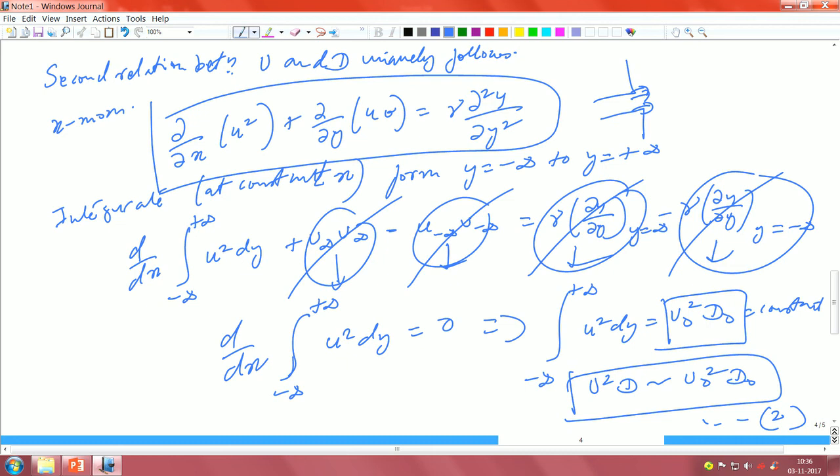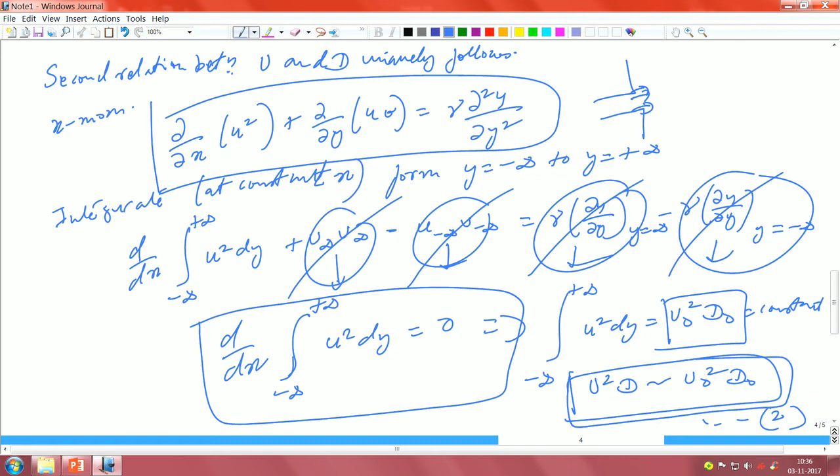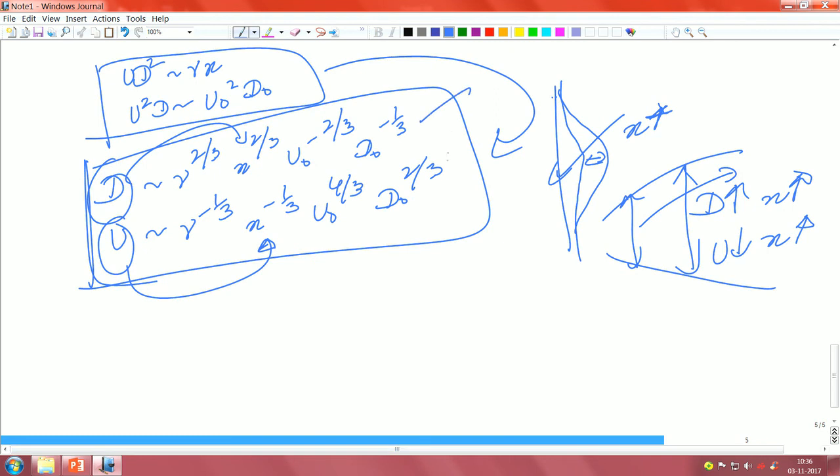We came to this expression, and from there we got the key second relationship, which says the jet is a constant momentum source. Based on this, we found two crucial relationships, which imply that d increases with x and u decreases with x, in that 2/3 and 1/3 fashion.